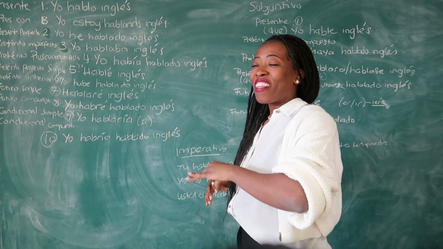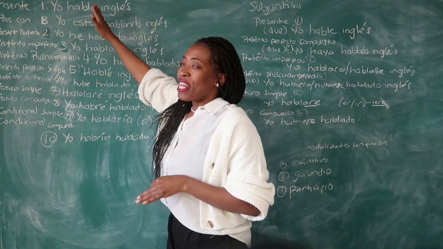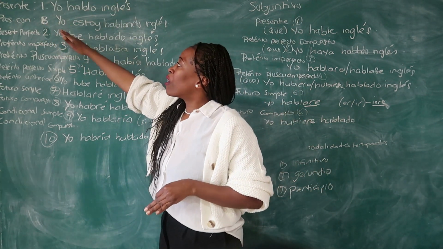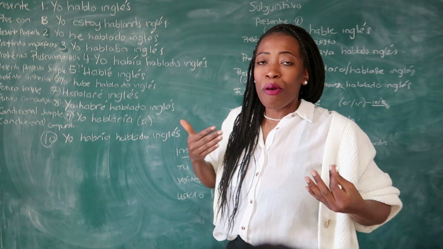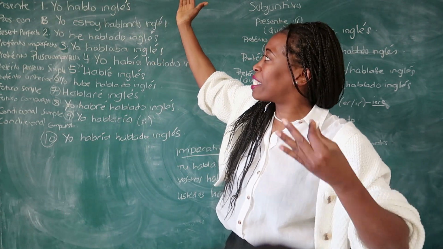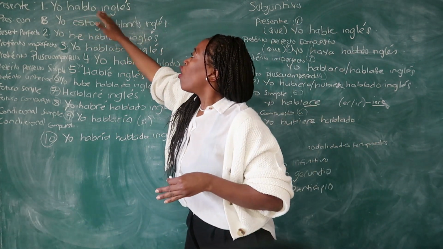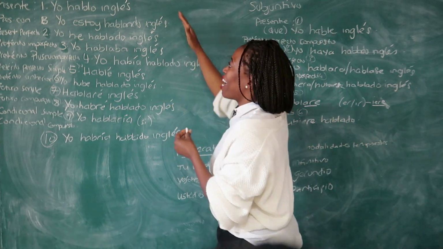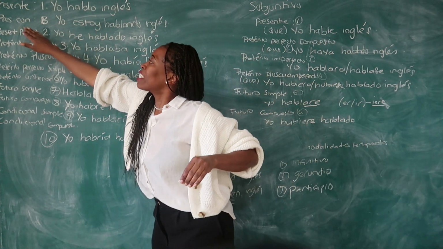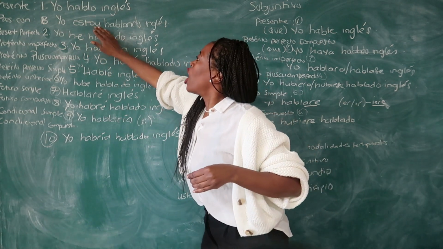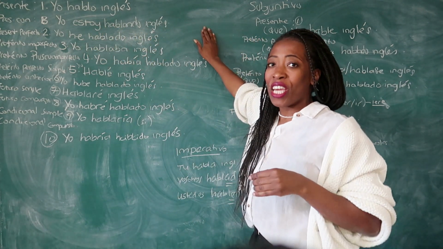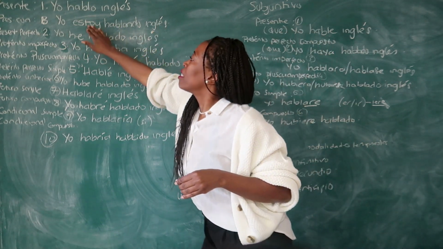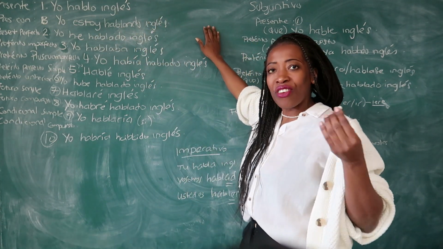Let's get into it. Okay, so in the indicative, the first one is the present simple. For them, it's el presente. We would say, yo hablo inglés. In English, I speak English. The present continuous would be, yo estoy hablando inglés. I am speaking English.